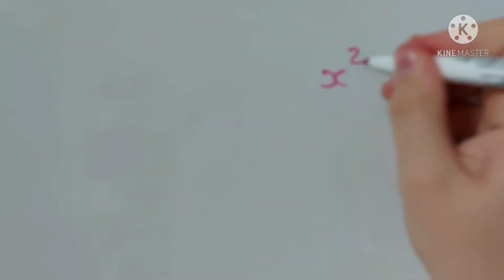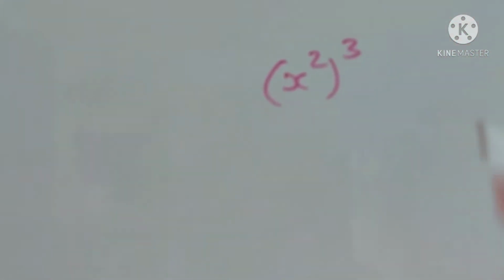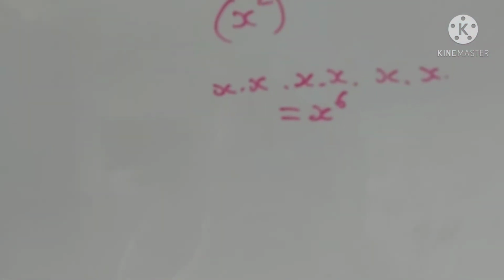If I did x squared cubed, how would we deal with that? Well, x squared is x times x, and cubed gives x times x times x times x times x times x. 1, 2, 3, 4, 5, 6. I've got x to the 6 there.